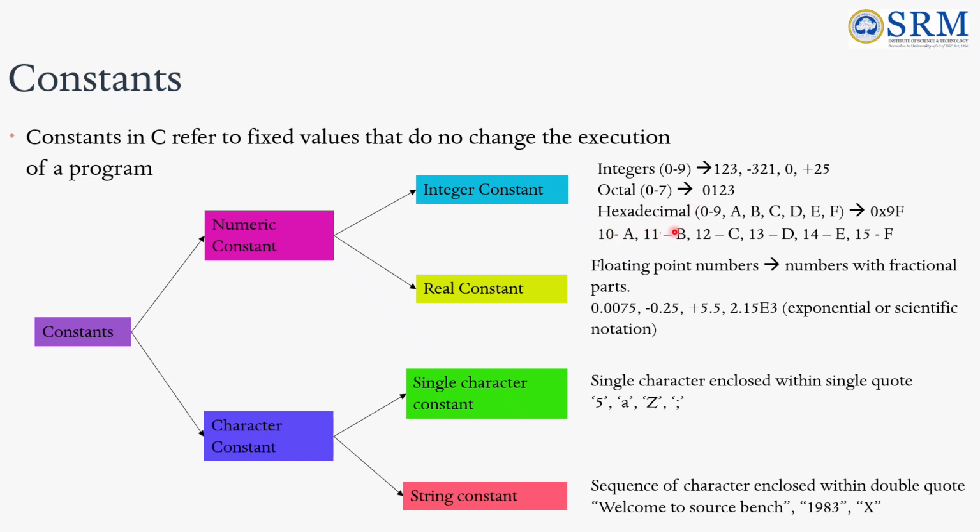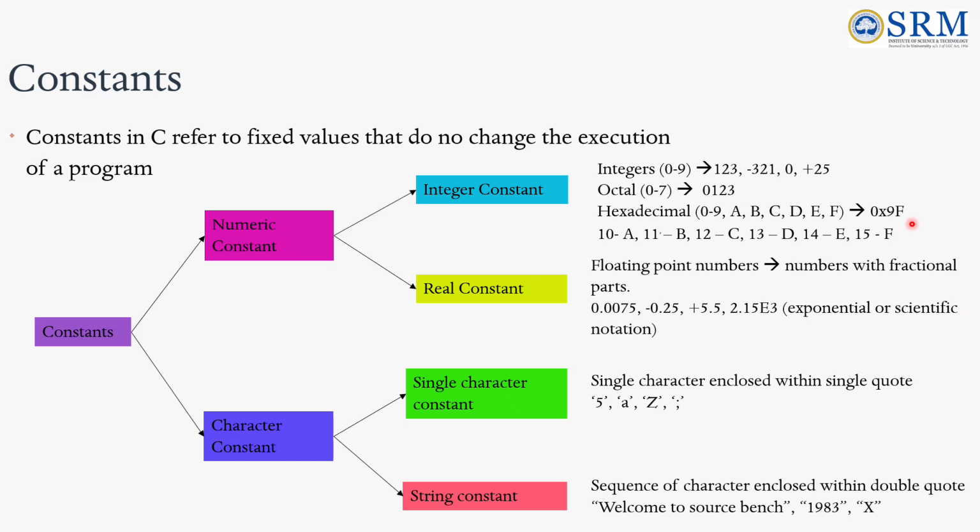Then we have the hexadecimal numbers. Hexadecimal numbers have values from 0 to 15. While the numbers 0 to 9 are written as they are, the numbers from 10 to 15 are denoted with the alphabets A to F. A for 10, B for 11, C for 12, D for 13, E for 14 and F for 15.